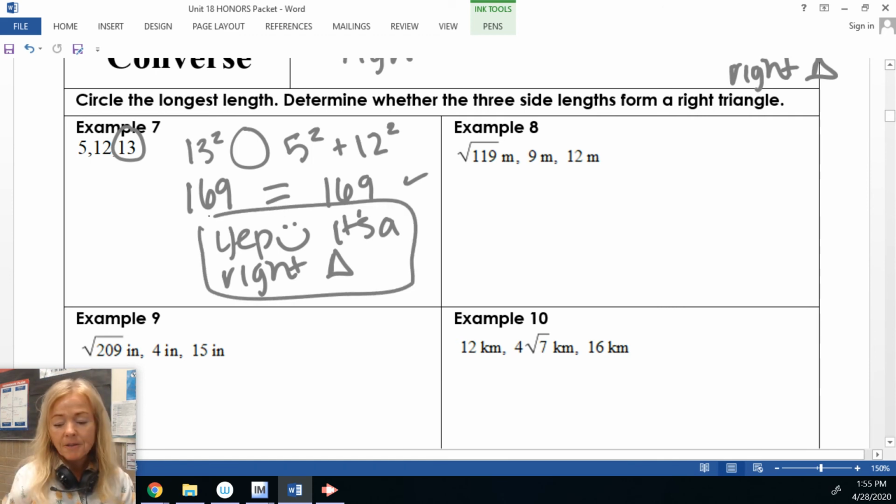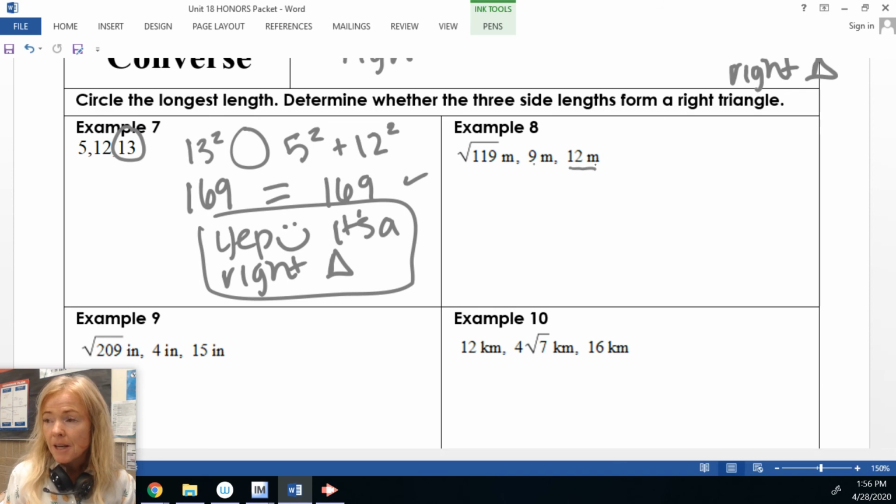Of course, they're going to try to do everything they can to make it a little more difficult. Radical 119. Now, first thing, we have radical 119 as a side, 9 as a side, and 12 as a side. Now, 12 is the number I know to be the biggest, but who knows what radical 119 is?